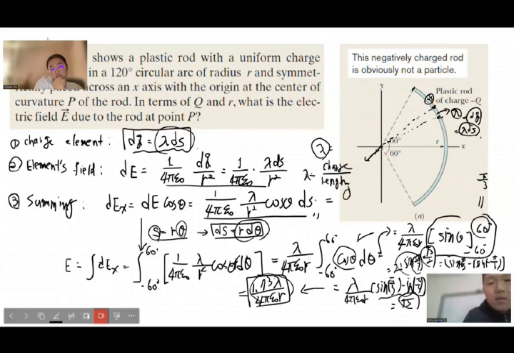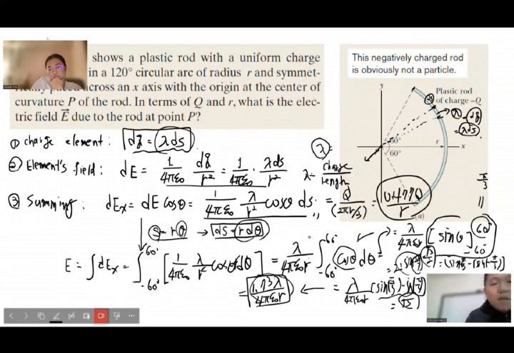So the total charge Q, and the length of this arc is 4 pi r over 3. So that is 0.477 Q over r.